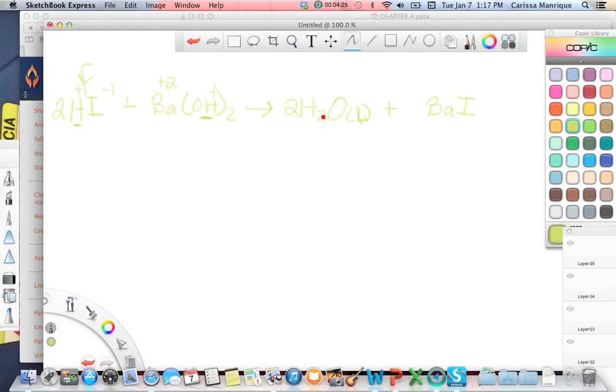So when I look at these together, barium here, again, will have a +2. This is a -1. Those aren't neutral yet, so I need 2 iodines to neutralize the barium. So all I did here was balance the equation. If you don't remember how to do that, go back to, I believe it's chapter 3.